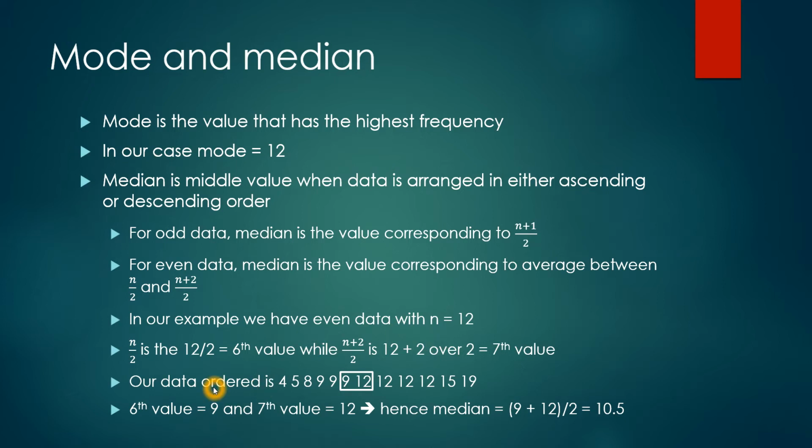Now our data ordered from lowest to highest is like this. The 6th position is the value 9. The 7th position is the value 12. So you take the average of these two, not the positions, but the actual values. 9 plus 12 divided by 2 is 10.5. So the median is also going to be 10.5.